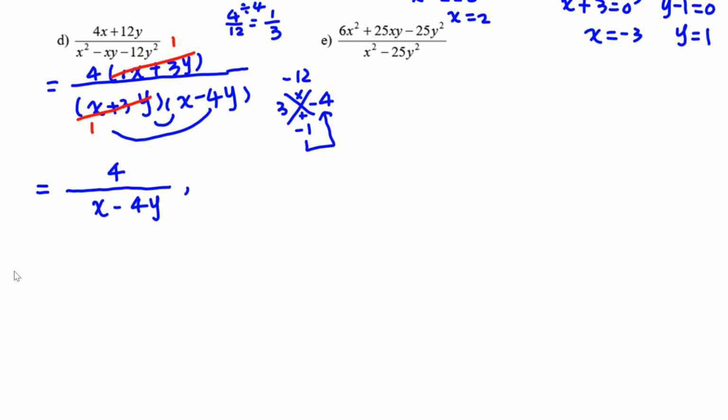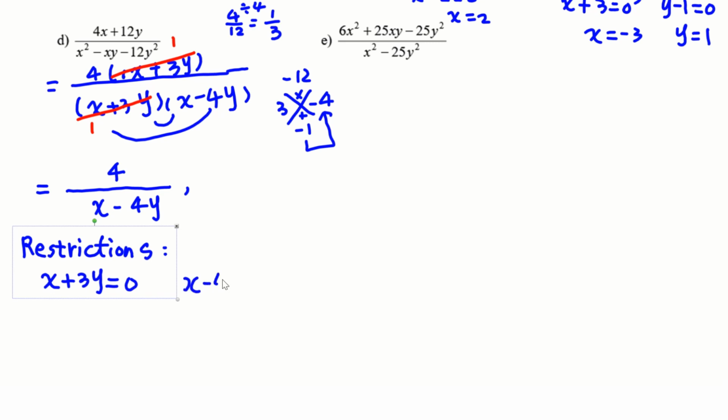Then we need to find the restrictions. Restrictions means the denominator couldn't be 0. Then we let each factor of the denominator equal 0. Then the values we get, we are going to get rid of them, so that we will be able to make sure that the denominator won't be 0.